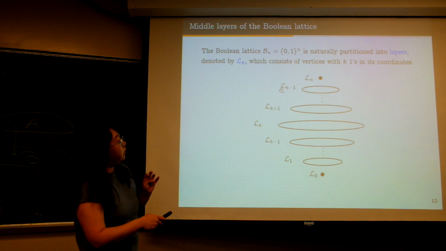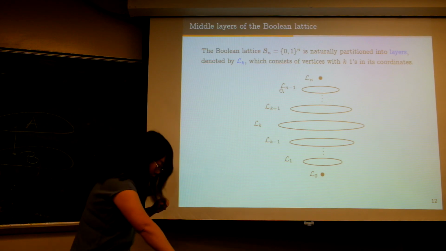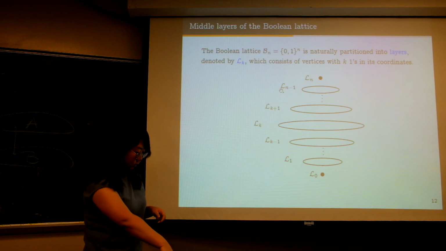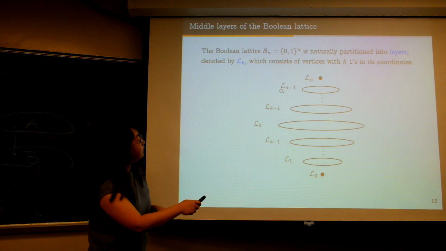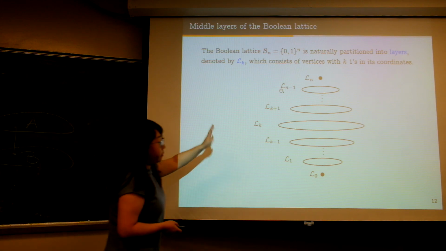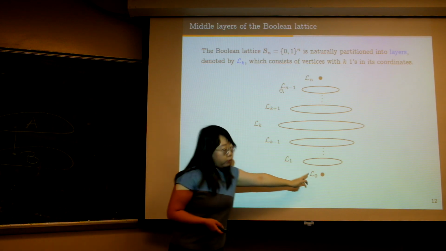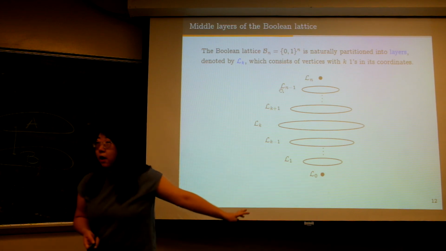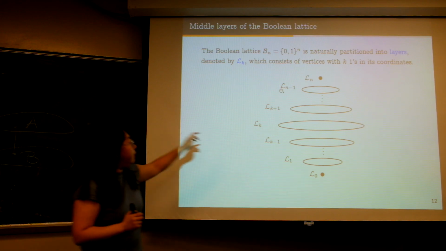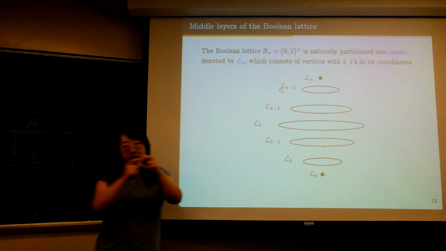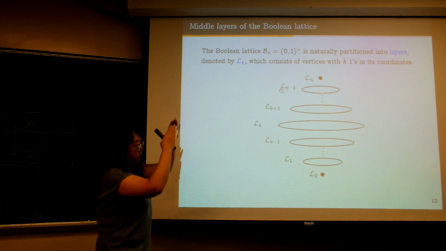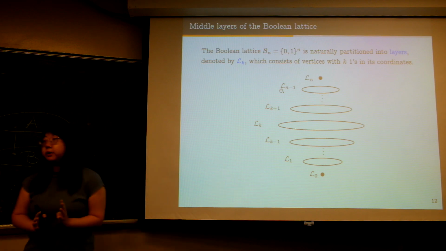You can draw the hypercube in this shape. There's only one vertex with all 0s, and then it starts growing as the layer grows. When it comes to the middle, it has the largest layers, and after that it starts to decay. So the hypercube has this diamond shape.